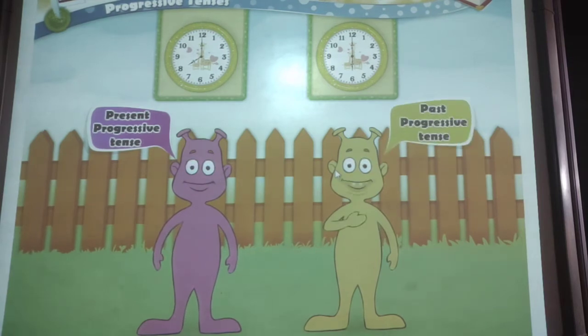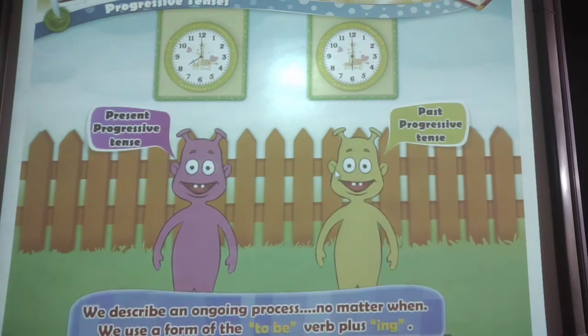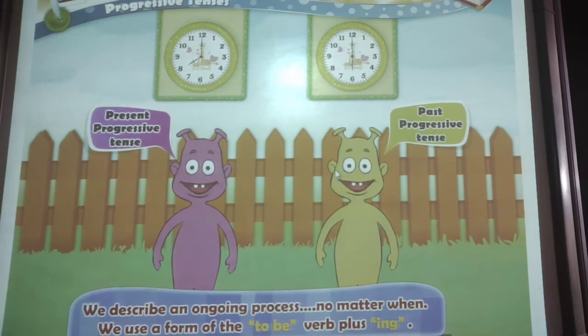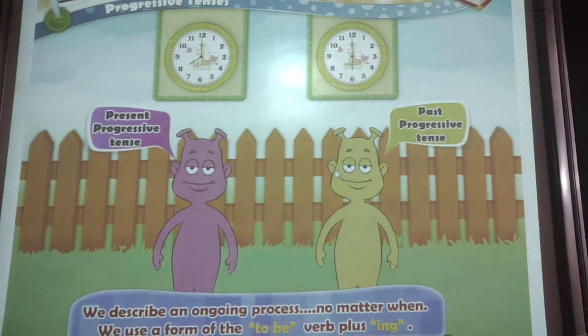And I am the past progressive tense to tell you what I did in the past. We are the progressive tenses. We are also called the continuous tenses. We describe an ongoing process no matter when. We use a form of the to be verb plus ing.